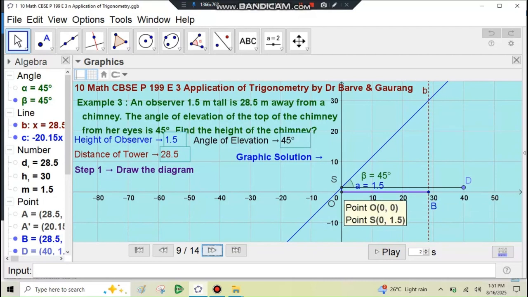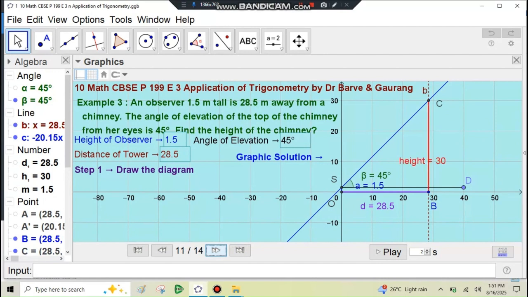So we have observer here with eye level at 1.5 meter, chimney is located at 28.5 meters, and the height of the top point is located by angle 45 degrees. So C is the top point.